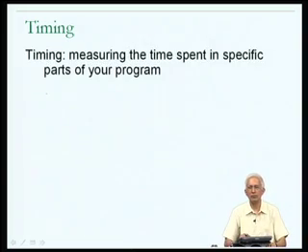Now, our objective here is to measure the time spent in specific parts of my program. It could be that I want to know the time spent in executing the entire program. It could be that I want to get an idea of the time spent in one of the important parts of my program, such as a particular function or a particular loop.